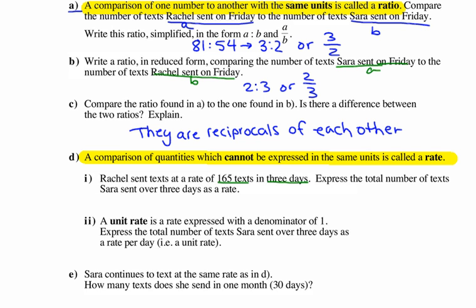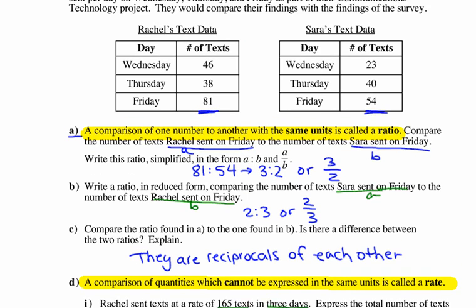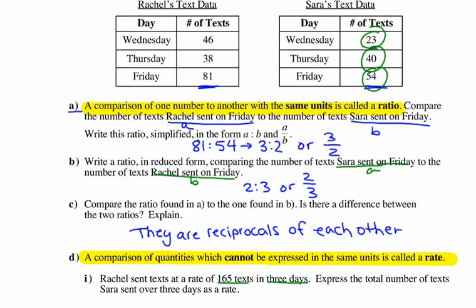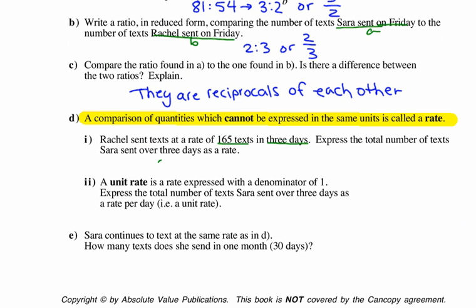Express the total number of texts Sarah sent over the 3 days as a rate. We just need the sum of them. Sarah had 23, 40, and 54 total, added together. So 23 plus 40 is 63, and 63 plus 54 is 117 texts.